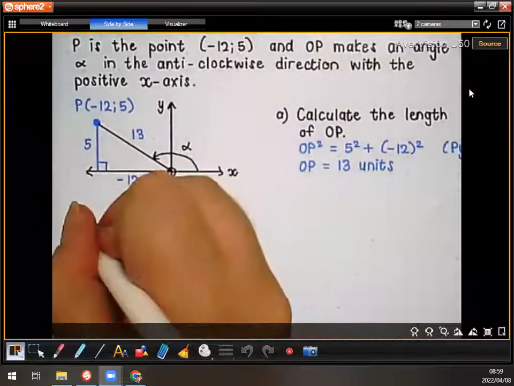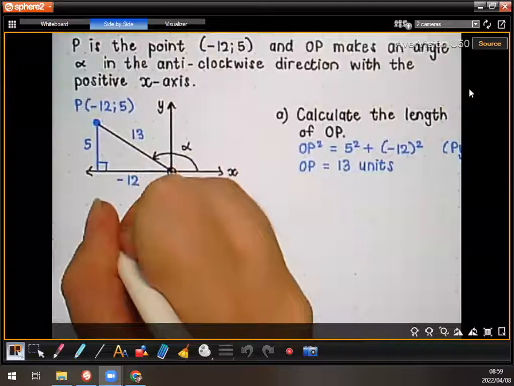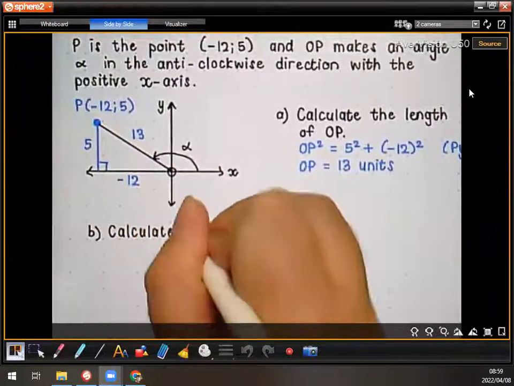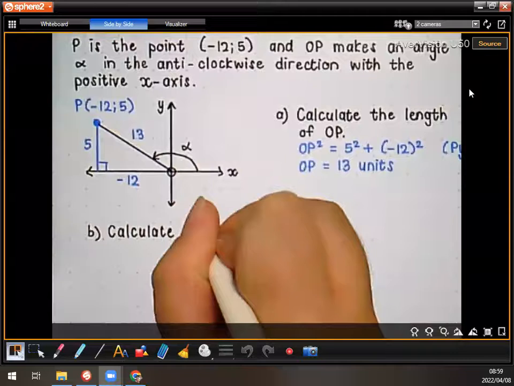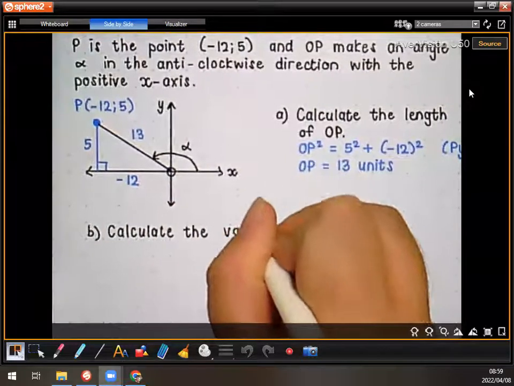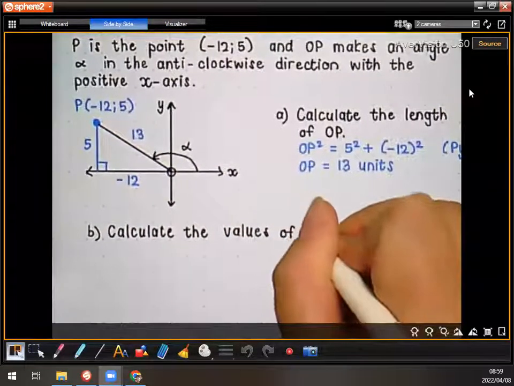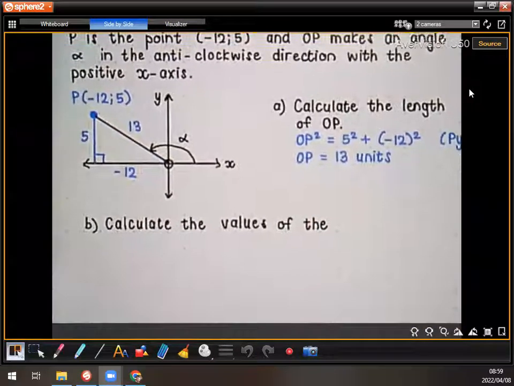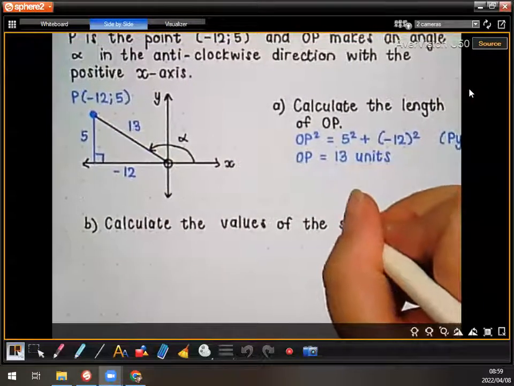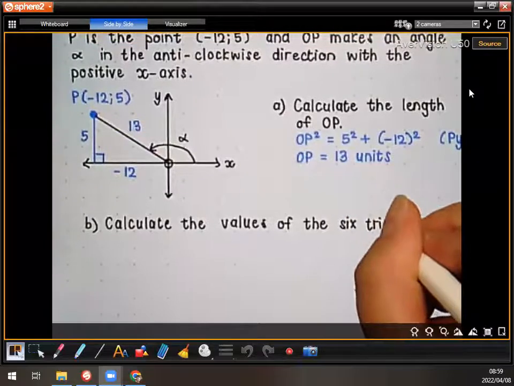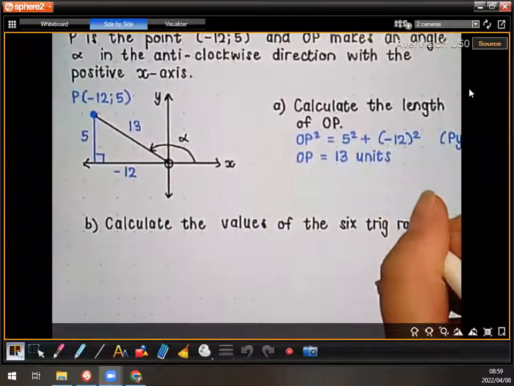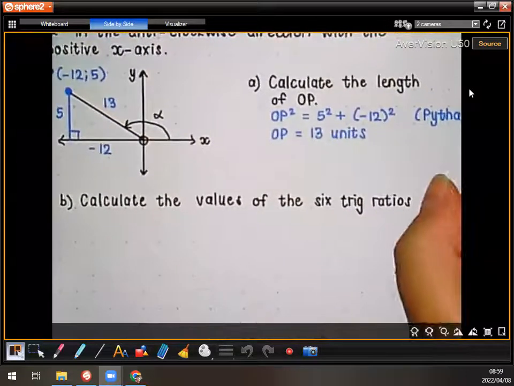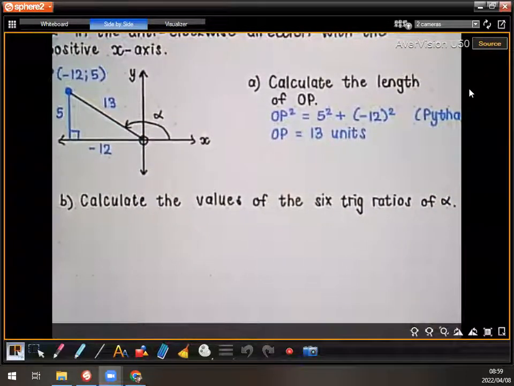Guys, your homework, just very quickly, we have 2 minutes left. Calculate the values of the 6 trig ratios of alpha: the sine, cosine, tangent, cosec, sec, cot.